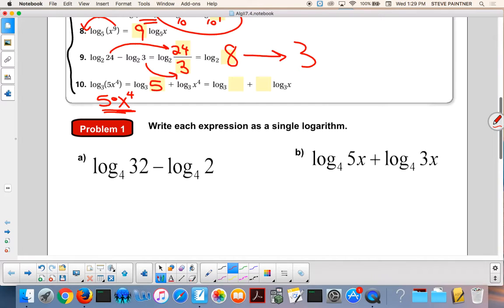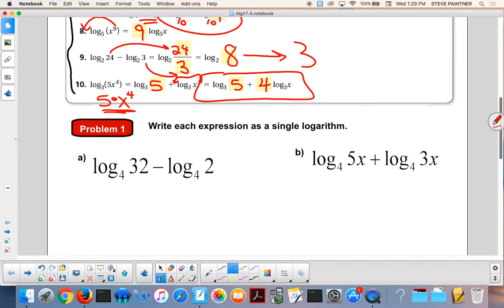But then they go another step further because they noticed there's still another property we can apply. Power property, right here. The 4 can go where? In front. So we could put the 4 there. Can we do anything with log of 5? No, so we're done. This would be your answer today, right there.